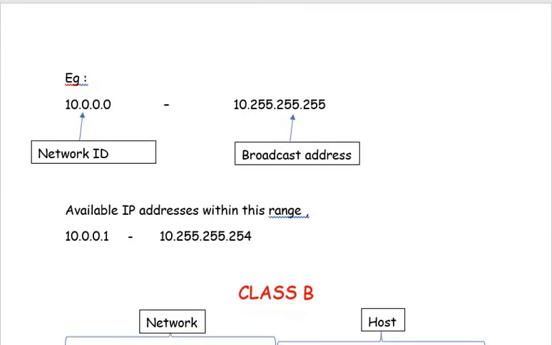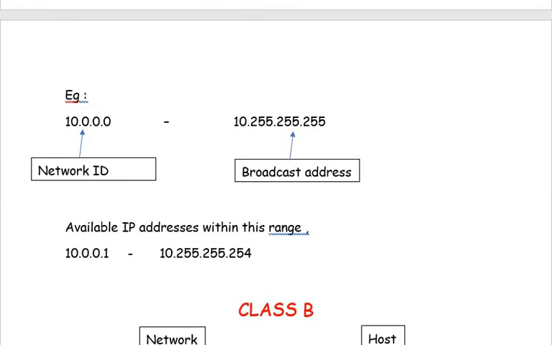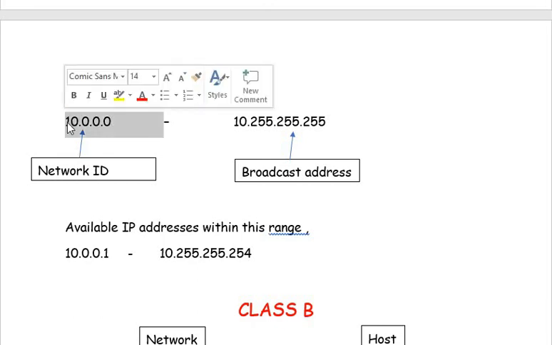An example we discussed: 10. 10 is a number in the middle of 0 and 127, so it belongs to class A. This is a class A IP address.